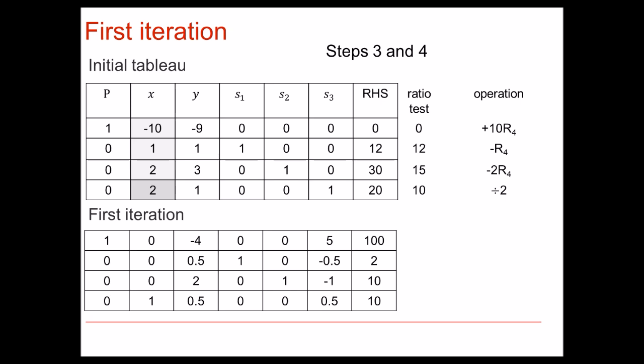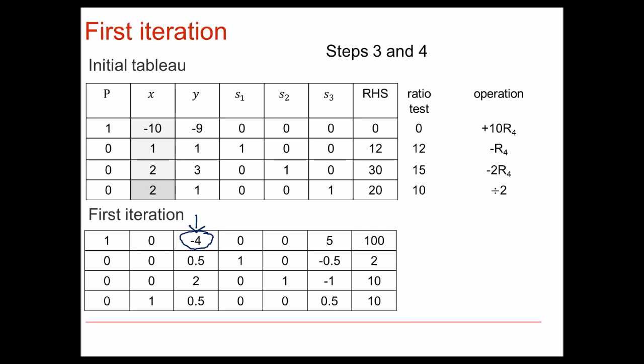Looking at the objective row, the top row, we notice there is still a negative element, and therefore the algorithm requires another iteration. So step 1 is choosing this column, the Y column this time, as the pivot column.